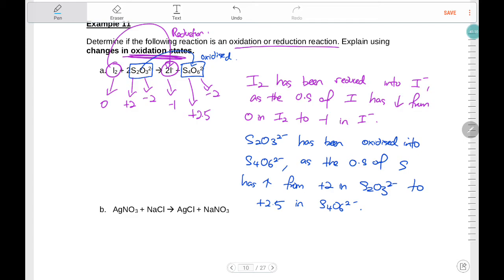Okay, let me check. So S2O32 minus has been oxidized into S4O62 minus as the oxidation state of S has increased from +2 to +2.5, or I2 has been reduced.